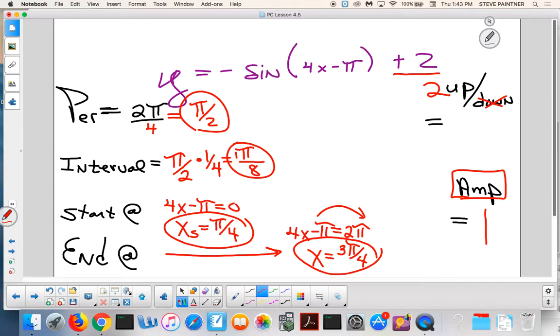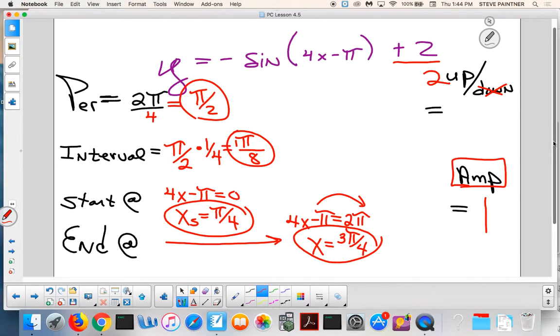Amplitude is always positive. Now, what's that negative telling you? It's the parent reflected over the x-axis, which should tell you sine is going to start at 0, 0, but it's going to go down first. It's going to the minimum because it's a reflection of the parent.